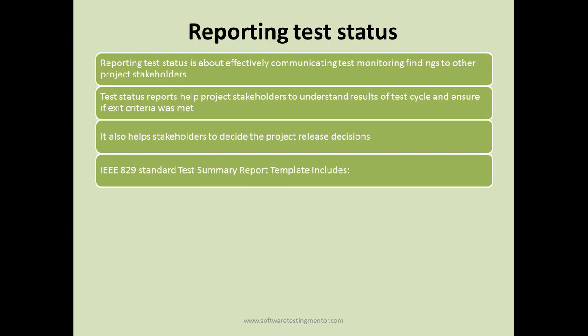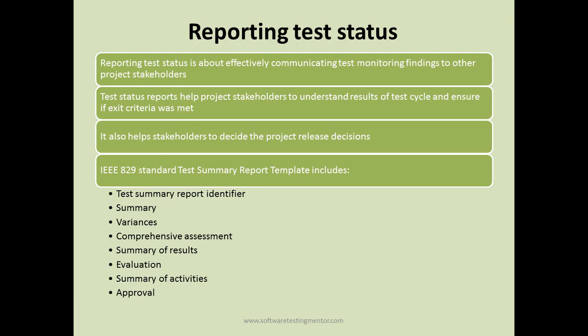Then, the IEEE 829 standard test summary report template. There is an IEEE 829 standard test summary report template, which includes the test summary report identifier, then a bit of summary about the test, a bit of summary about the project, then any variances, then the comprehensive assessment about the project, and summary of results, what results have been seen in all the test life cycle or in the test execution cycle, then evaluation based on the results, then summary of activities, and finally the approval of the document.